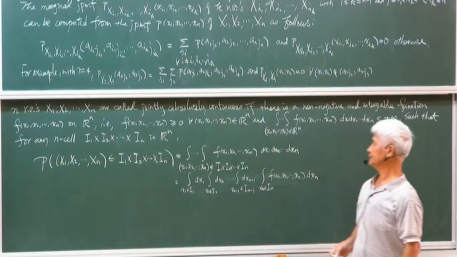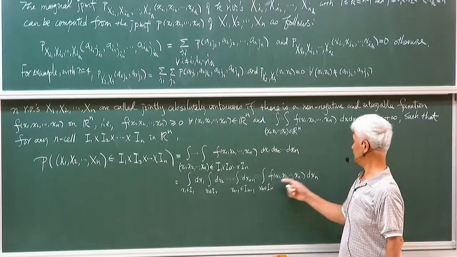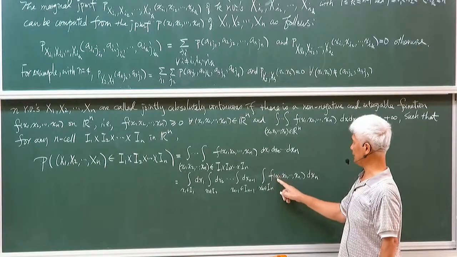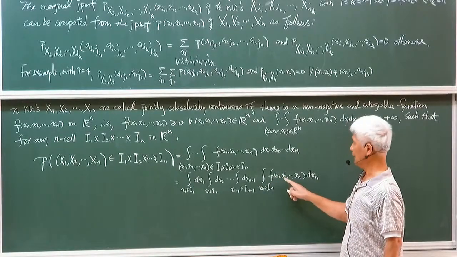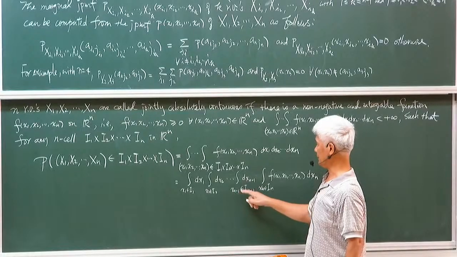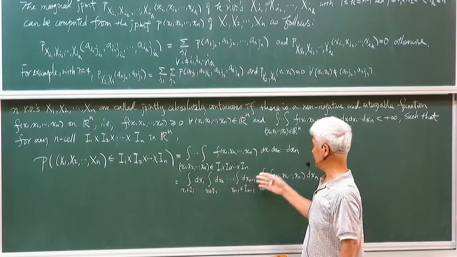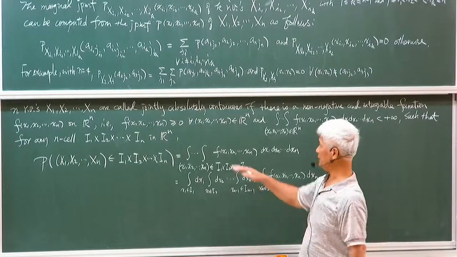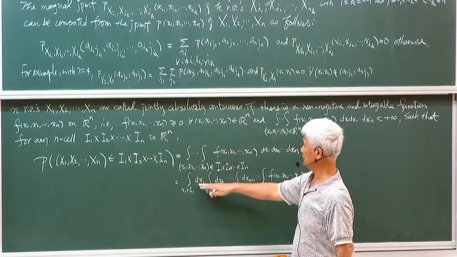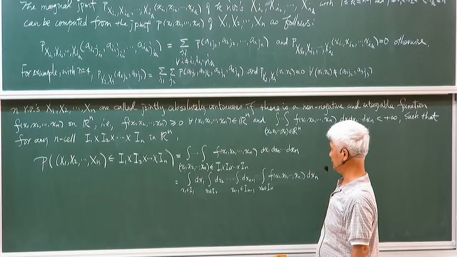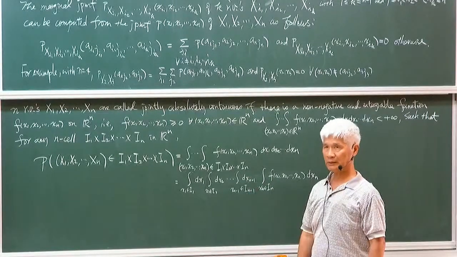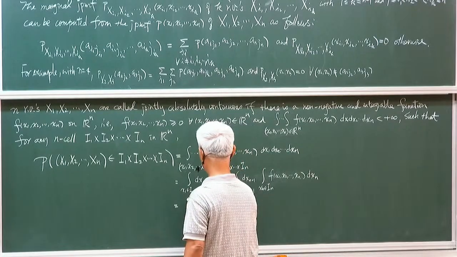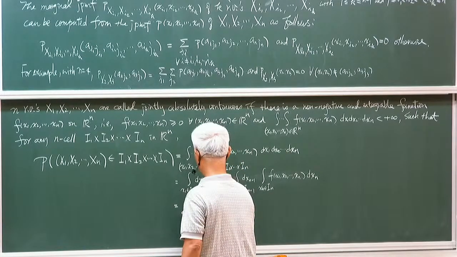So you can do the integration over xn. Over xn, this becomes a function of x1, x2 up to x sub n minus 1. And then you integrate over x sub n minus 1. So you can do the iterative integration, and the order will be independent.